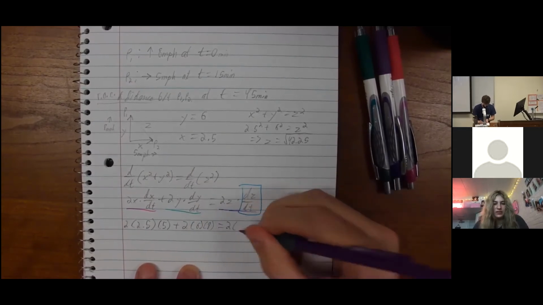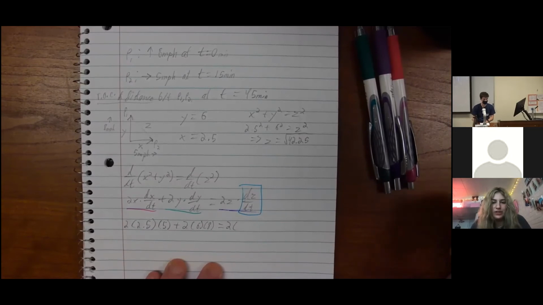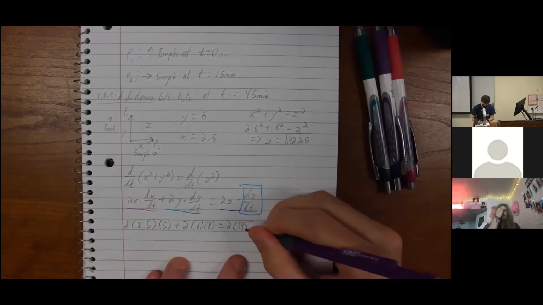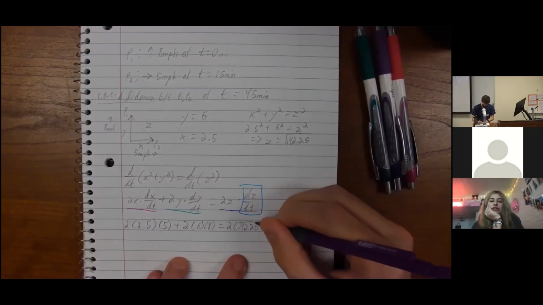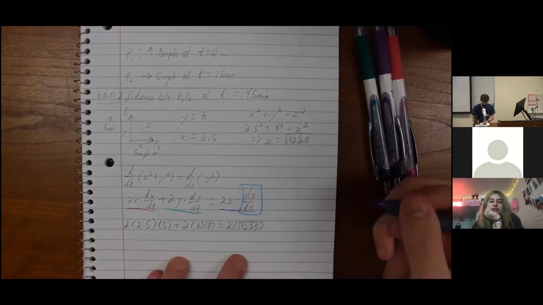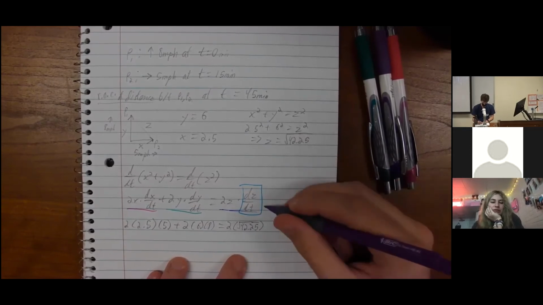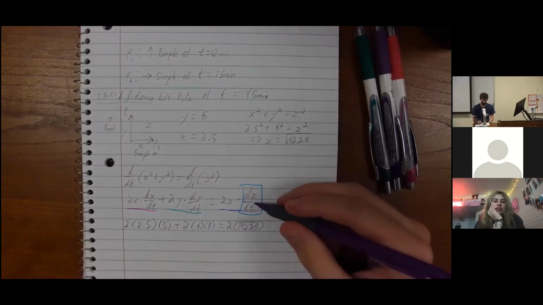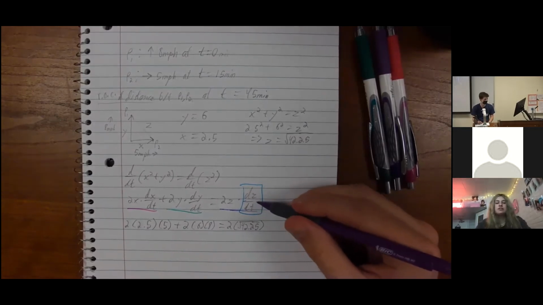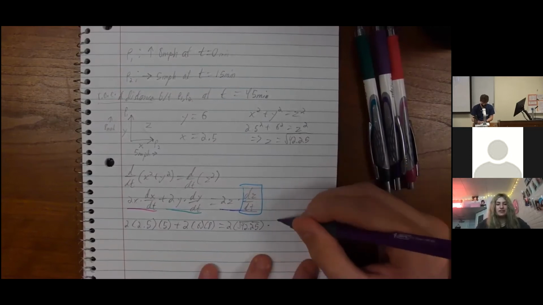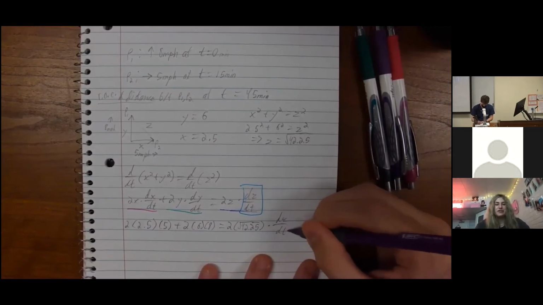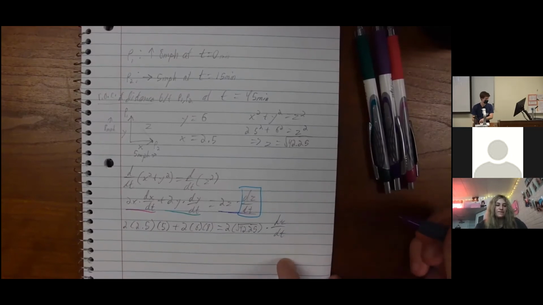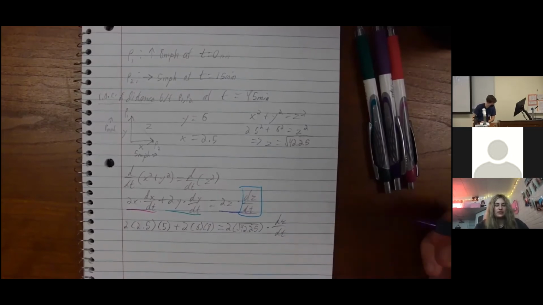And then that equals 2 times root 42.25 times the derivative of z, just a variable. Yeah, exactly.